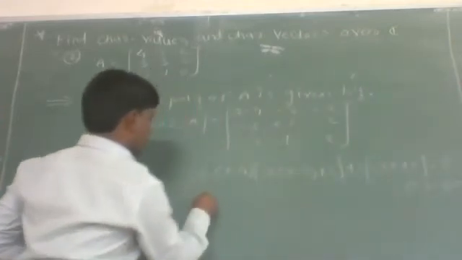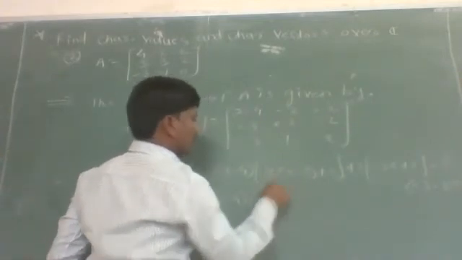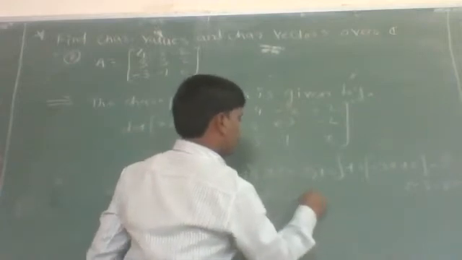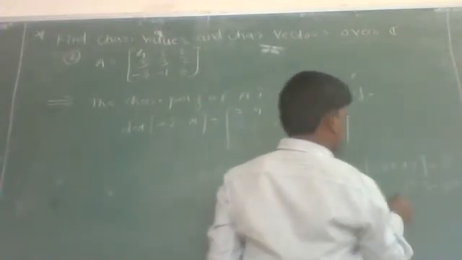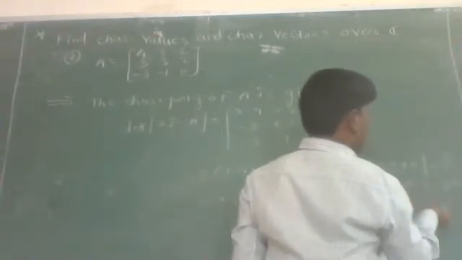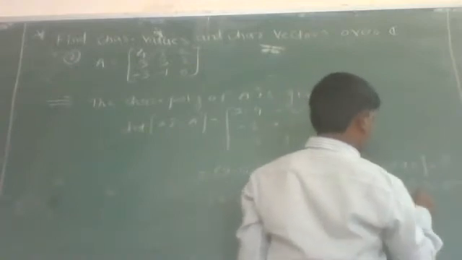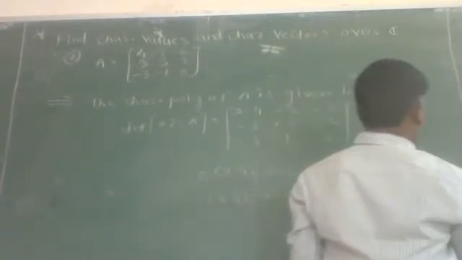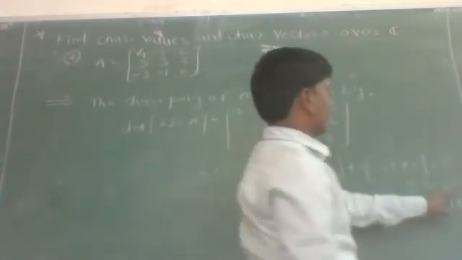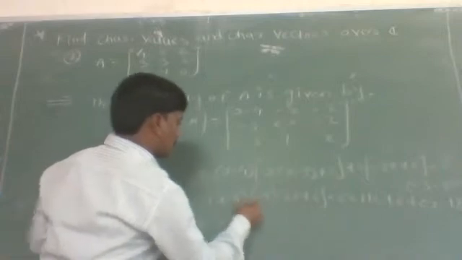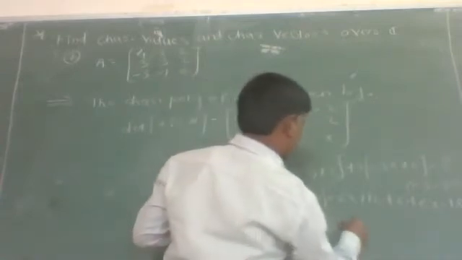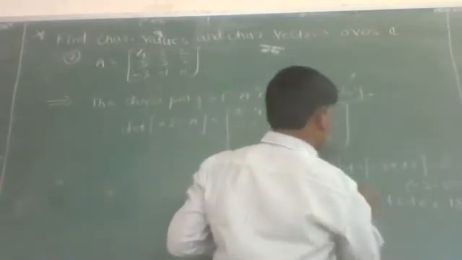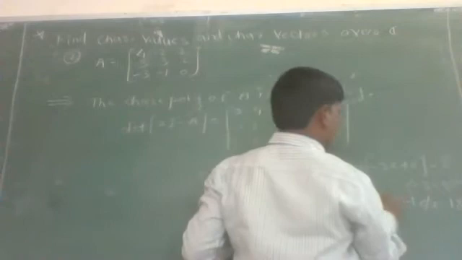Okay, so which is nothing but x minus 4 into x square minus 3x plus 2, minus 6x plus 12, plus 6, minus 3x into minus 2 plus x, plus 9 minus 18, which is equal to x cube minus 3x square plus 2x minus 4x square plus 12x minus 8 minus 6x plus 6x cancel, plus 18 minus 18 cancel.